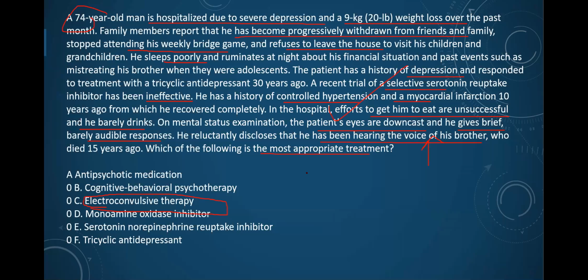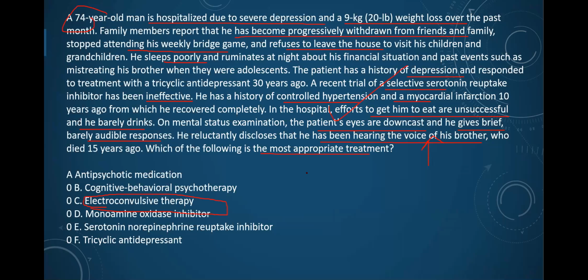So obviously, before doing ECT you have to go for the mental health tribunal. Now there is an exception. If a patient becomes severely dehydrated, so that there is a chance of a life-threatening situation, at that time you don't even need mental health tribunal permission, you can go for ECT.